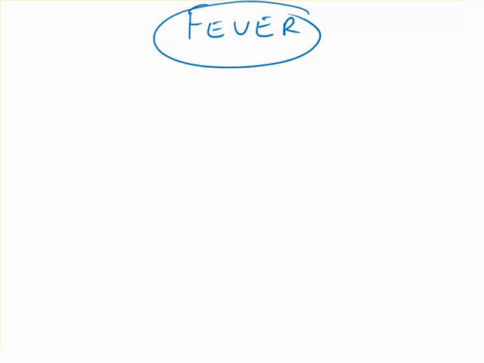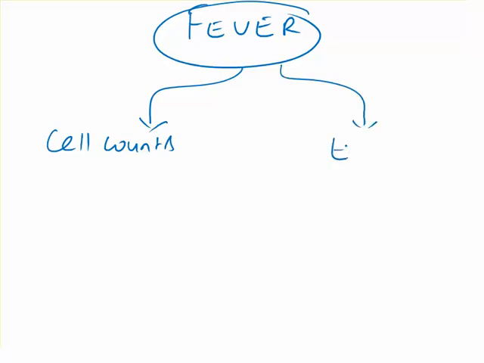After that, we do an investigation to know what type of inflammation it is. So 2 tests we do. One is cell counts. The other is we look for what proteins they have. We do ESR, erythrocyte sedimentation rate, and CRP, C reactive protein. Both are increased in inflammation.